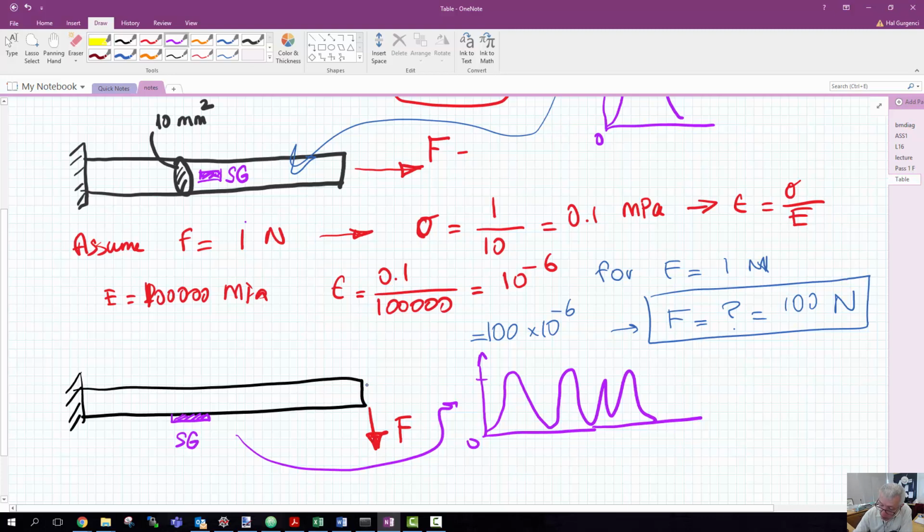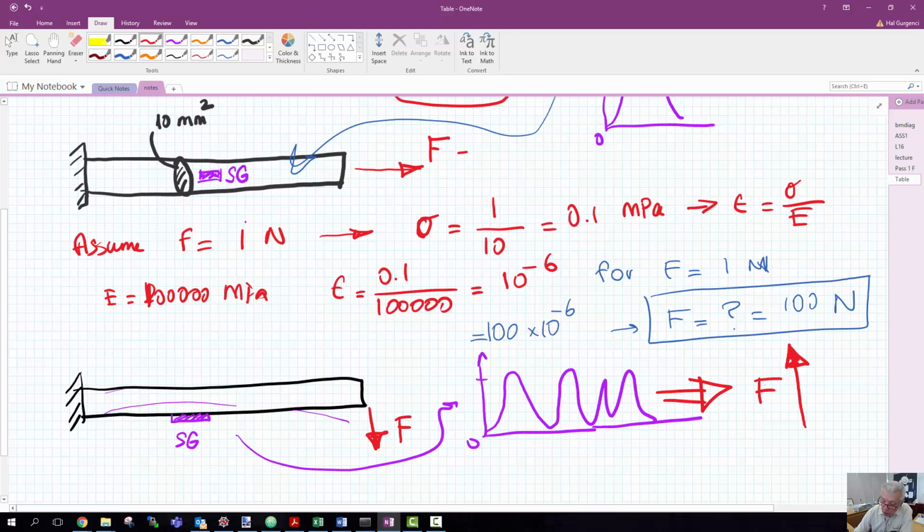If it did, because this thing is being bent, for a downward force I would have compressive stress at the bottom. But if my measured strain is positive, not compression but tension, that means F is really not pointed downward, but pointed upwards, because a downward force would generate a negative strain.